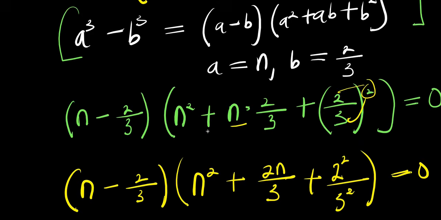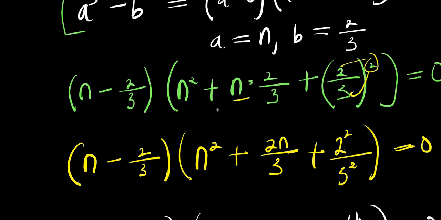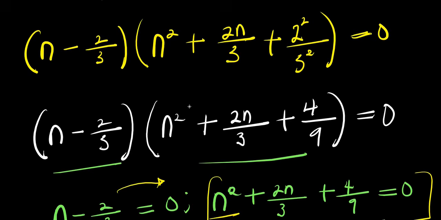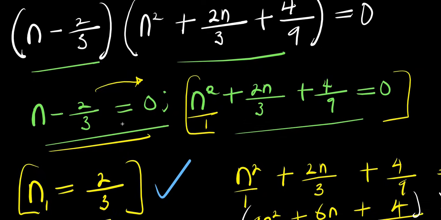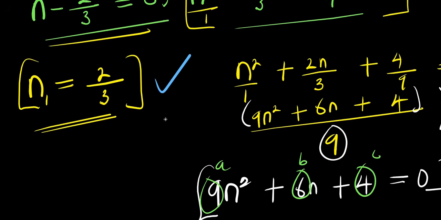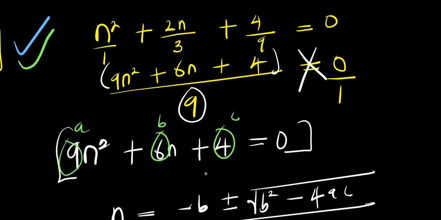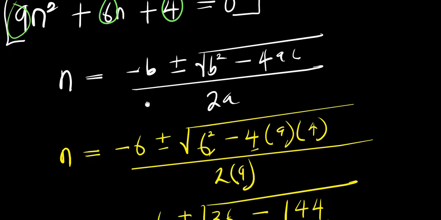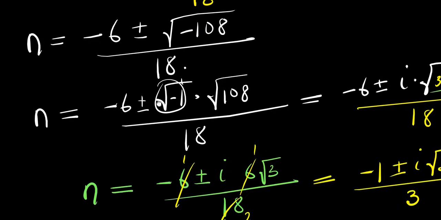Once you insert the values of a and b right here using the cubic equation, you have this. You can form two equations, one linear equation and one quadratic equation. You solve the linear equation to get the real solution. Then you solve this quadratic equation using the formula method to get complex solutions.